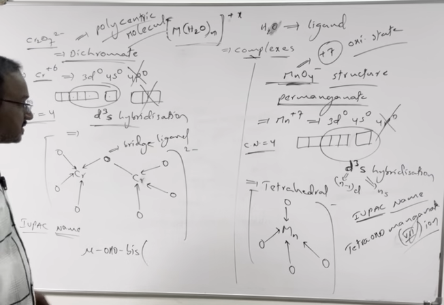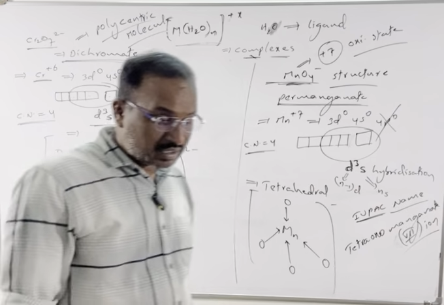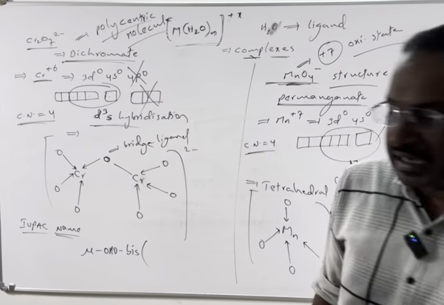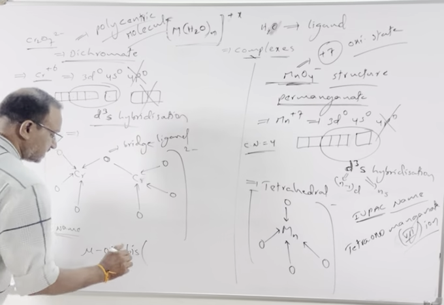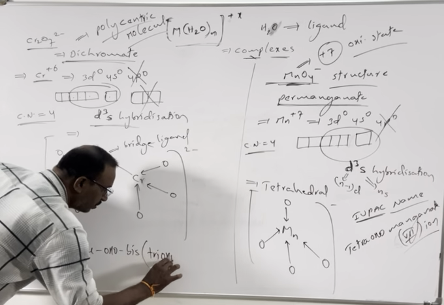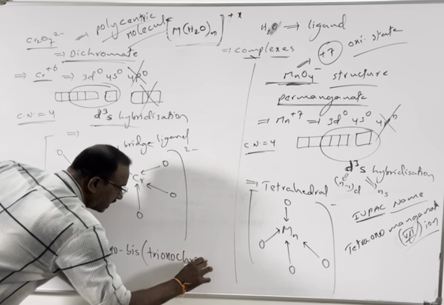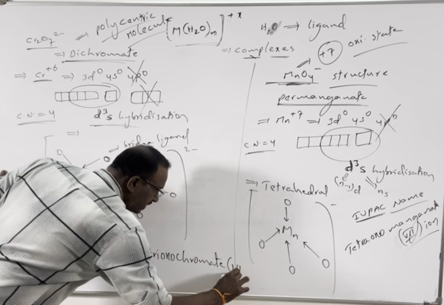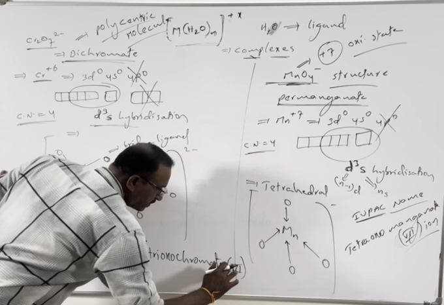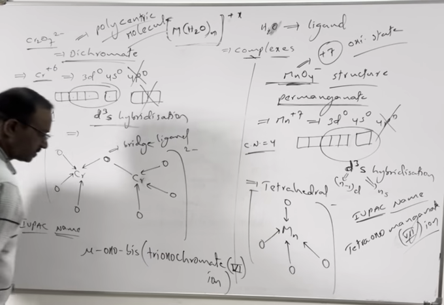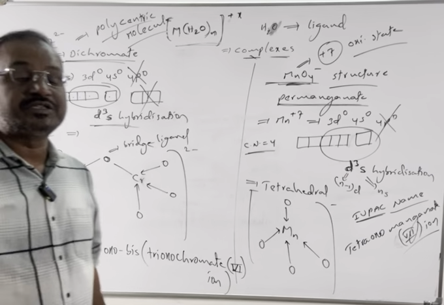Around each we have three oxygens, so bis(trioxochromate), 1, 2, 3. Why chromate? Because it's a negative ion. The oxidation state will be 6, in brackets. Why mu? Because it's a bridge ligand.